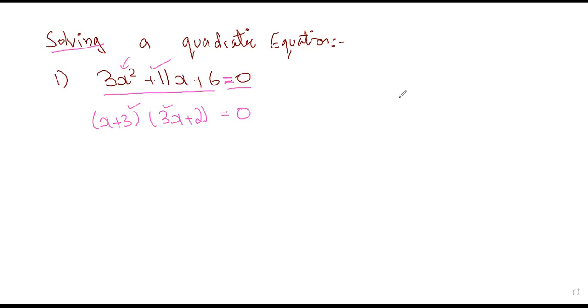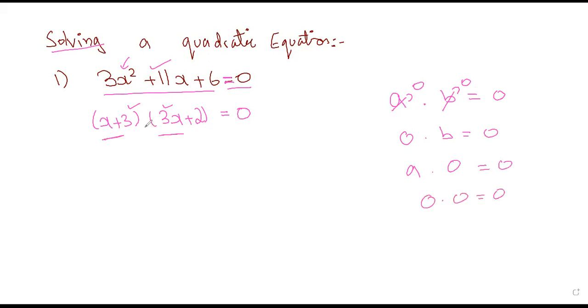Now we know in maths, whenever we have two numbers whose product is 0, this could be because either A is 0 or maybe B is 0 or maybe both are 0, right? Because 0 into B is also 0, A into 0 is also 0, and 0 into 0 is also 0. So when two factors are being multiplied and we are getting 0, it means that either this is 0 or this is 0.